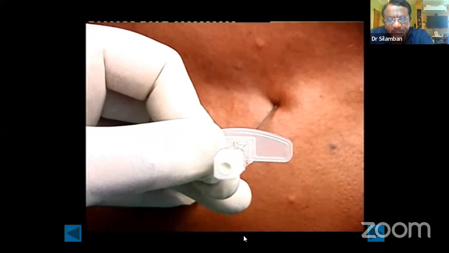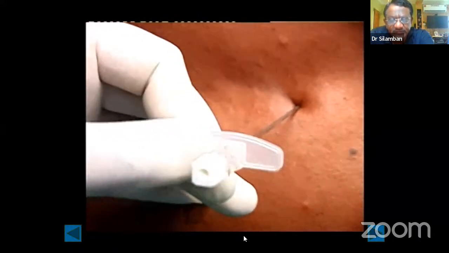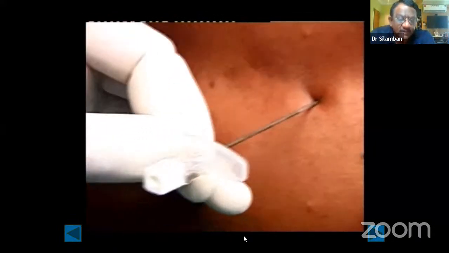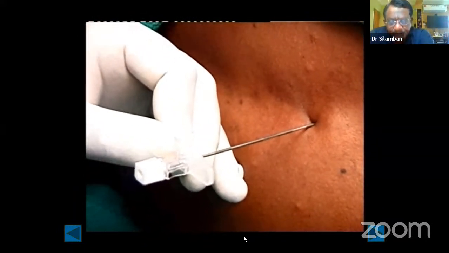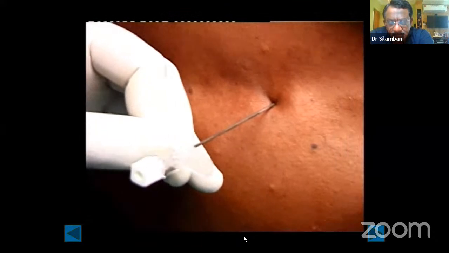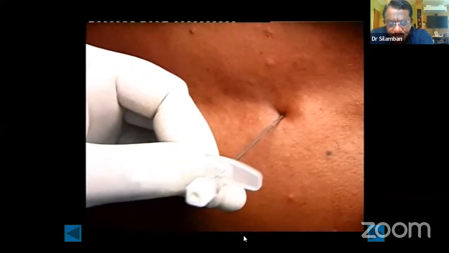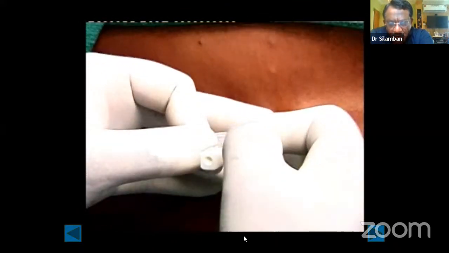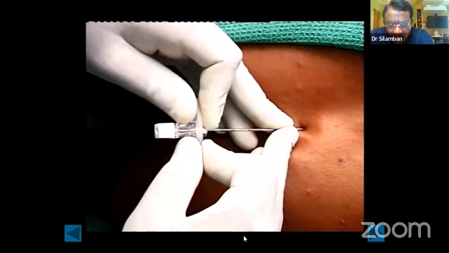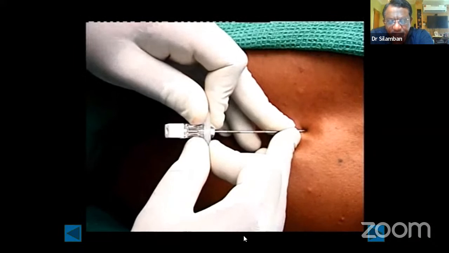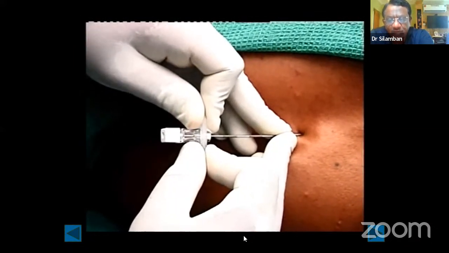So first I go hit the spine at 90 degrees. You see the needle at 90 degrees. Now I turn the needle and bring it to that 30 to 40 degree angulation and move forward.